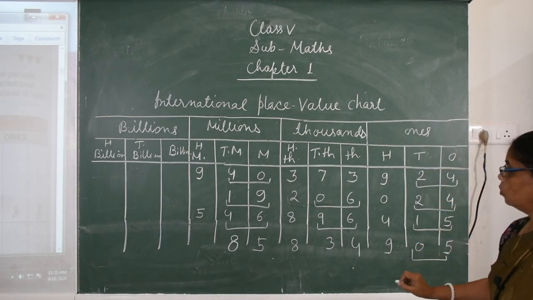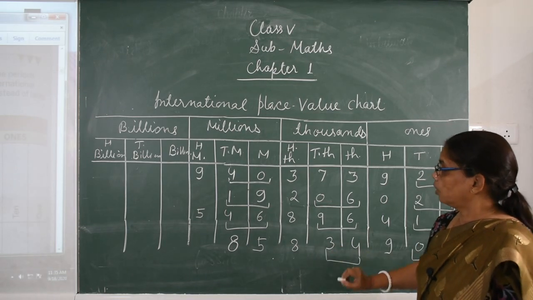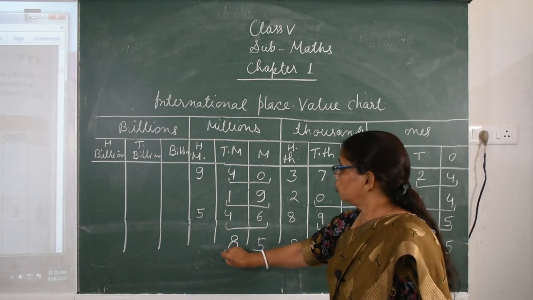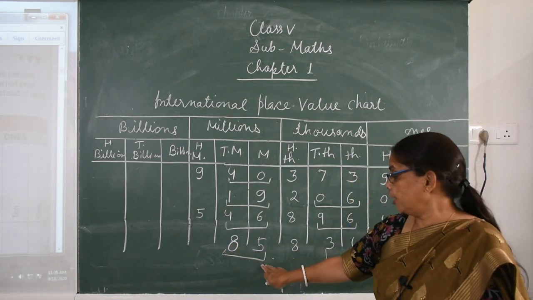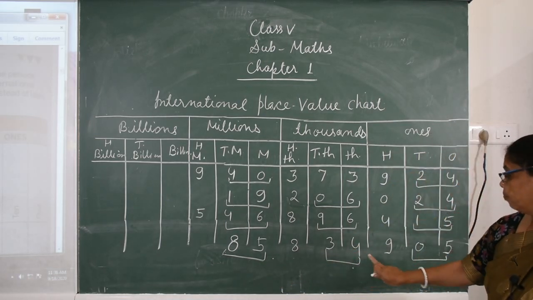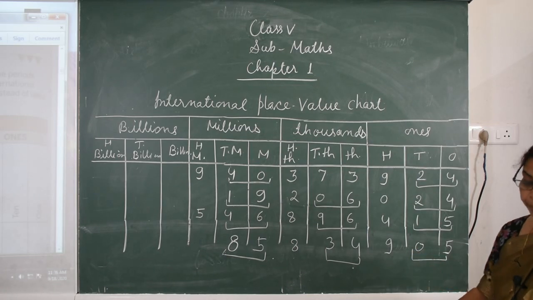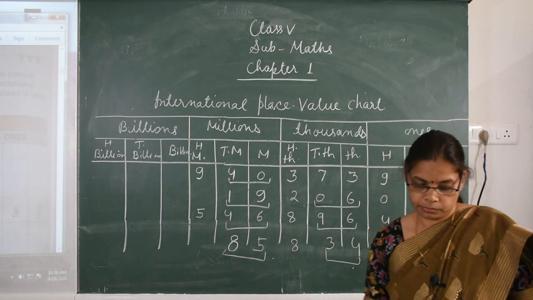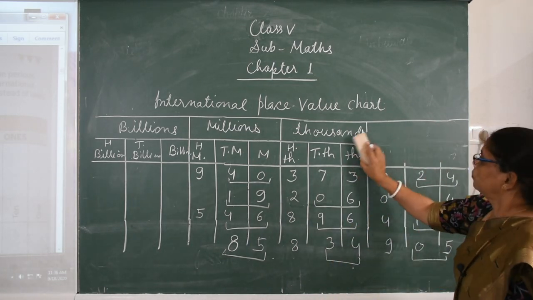Again read this together, and this read together, and this also read together. 85 millions, 834,905. So understand, children?